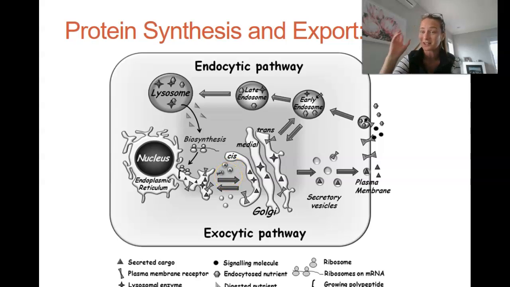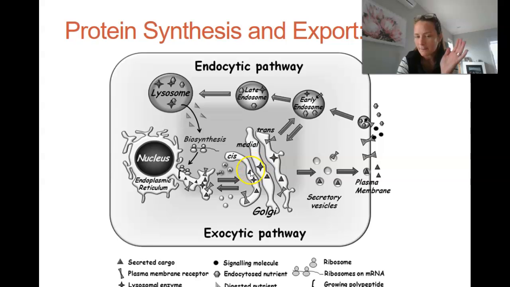The cytoskeleton is actually involved, and if you can see a picture of a vesicle being transported through a cell, it's really cool. But they move to the Golgi apparatus, and that vesicle will merge with the Golgi, and you can imagine it merging, and that protein ends up inside the first part of the Golgi apparatus.